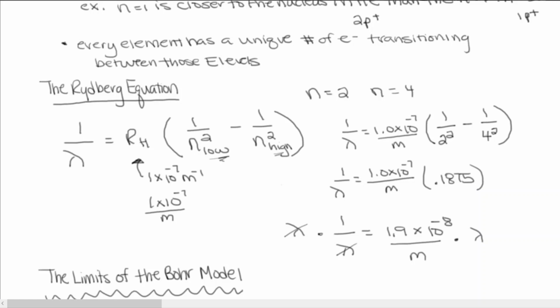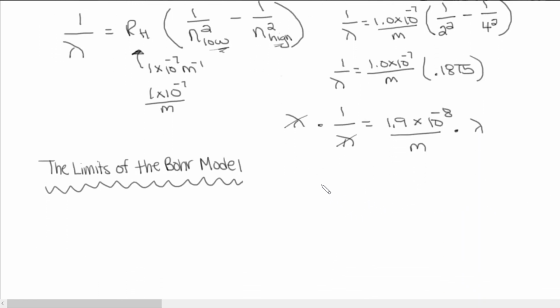So lambda is going to be equal to 1 divided by 1.9 times 10 to the negative 8th over meters. So my inverse, 1 divided by this answer, equals 5.3 times 10 to the 1, 2, 3, 4, 5, 6, 7th.